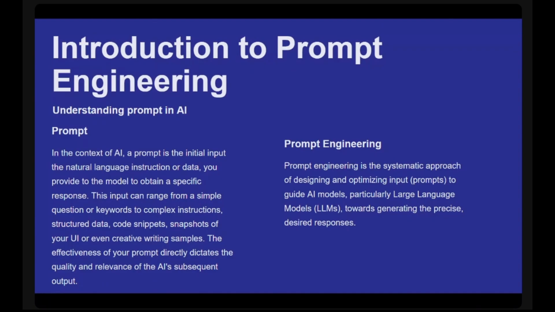We will be seeing examples. We will run prompts in Lovable and ChatGPT in today's session, and we will see how a good prompt and a bad prompt can affect your output, and how even one good prompt is sufficient for your application, for your website, and things like that.